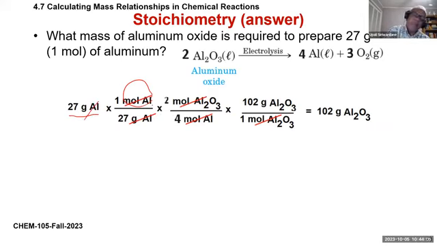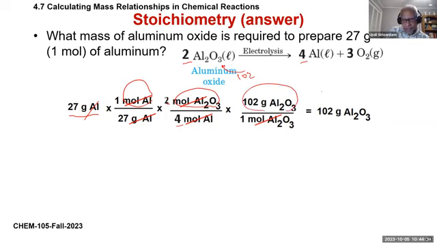Then the moles are converted to aluminum oxide moles. That's 4:2. Then after that, for aluminum oxide, the formula mass is 102.